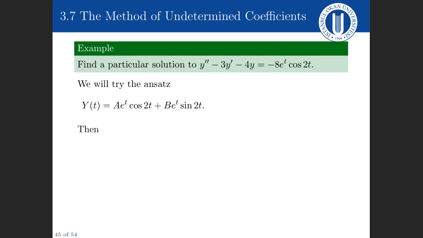So we guess that we should also have some number, in this case, let's say capital A, exponential function e to the power t, cos 2t. But then we remember, whenever we have cos, we must also have sine as well. So we must also have another number, capital B, e to the power t, sine 2t.